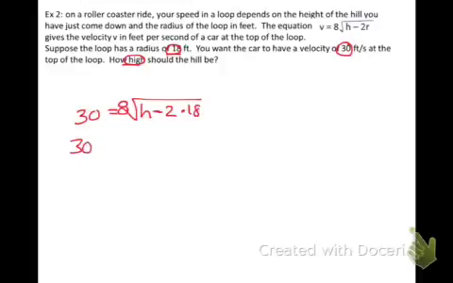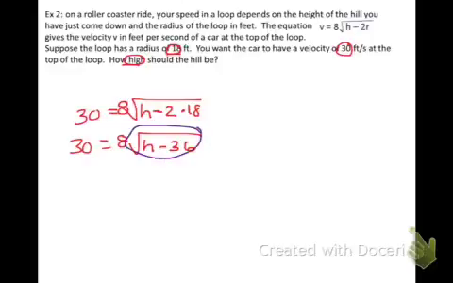So it's going to be 30 equals 8 square root of h minus, 18 times 2 is 36. Sorry, not 32. And then, again, the square root this time is not by itself.